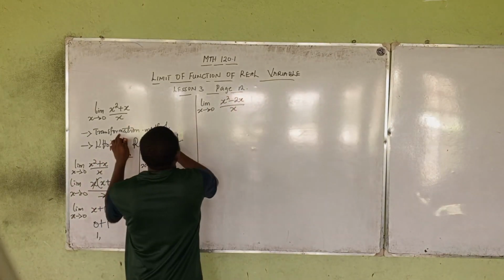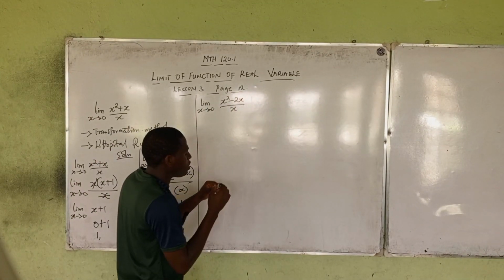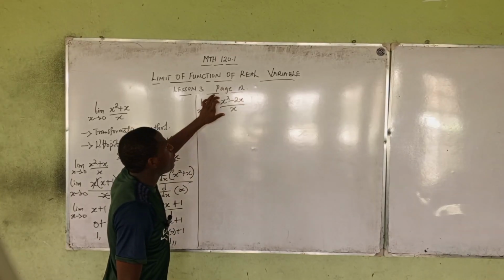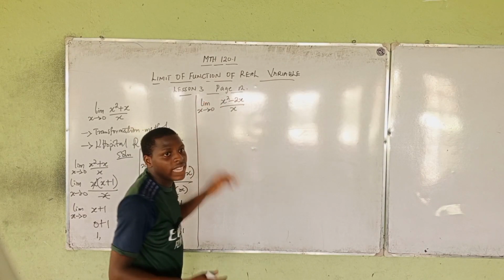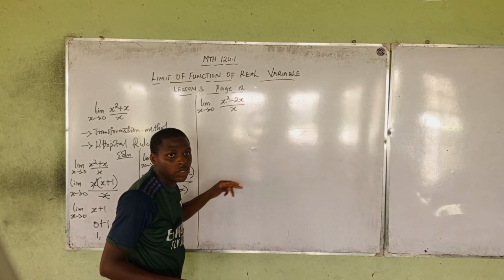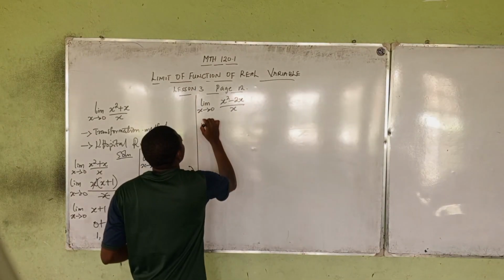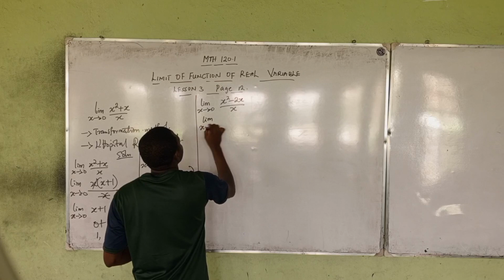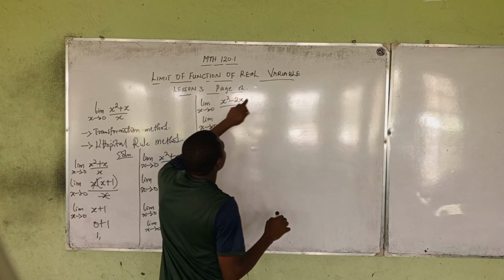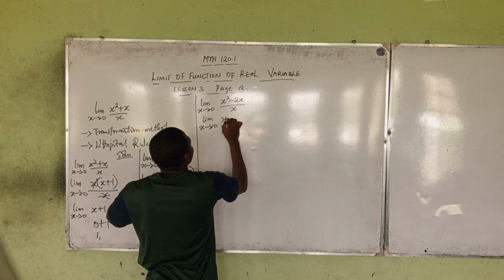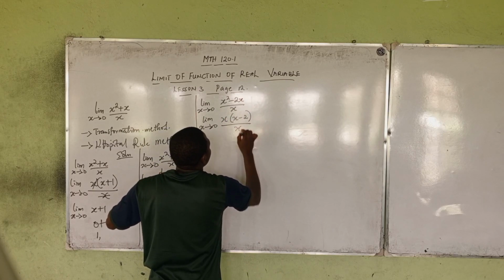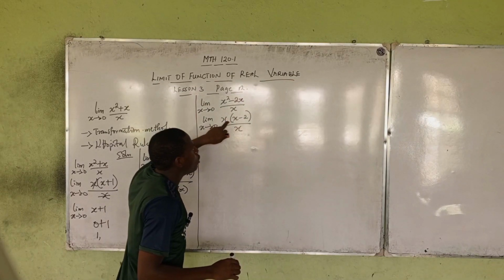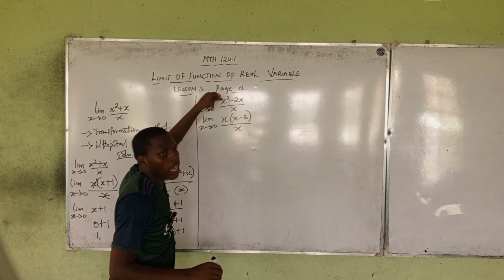When you are using the transformation method, look at your numerator and factorize it such that you have a variable that is equal to your denominator. Doing that, you have the limit of x tending to 0 of x bracket x minus 2 divided by x. If you expand your numerator, you arrive at what you have here.